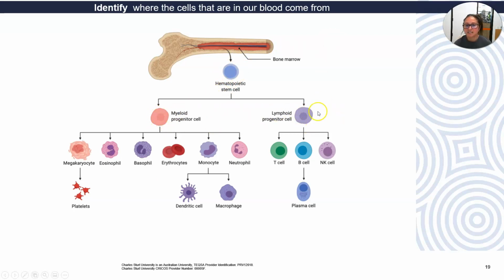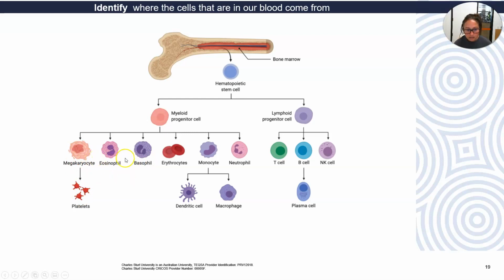If it turns into this guy, it can turn into this, or this, and then this guy turns into this. If you go this way, this stem cell turns into this guy, which can become this, or this. This becomes this or this, and platelets are just pieces of this big guy here, the mega. They're mega. So that's what a platelet is.